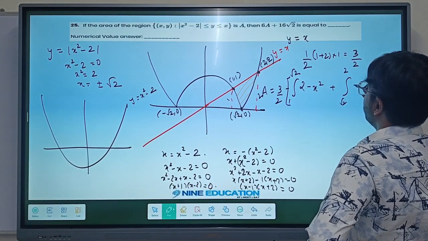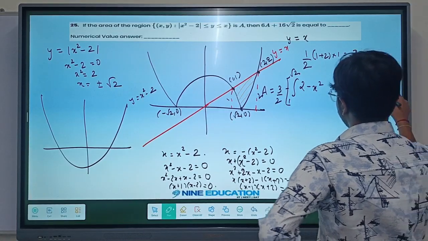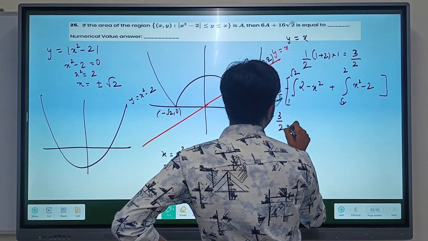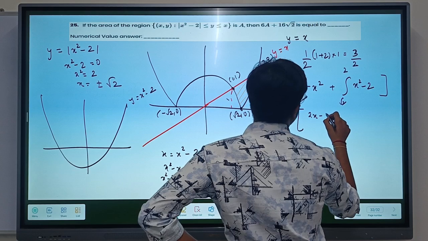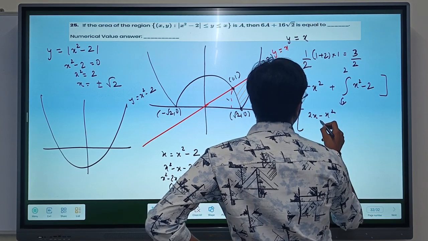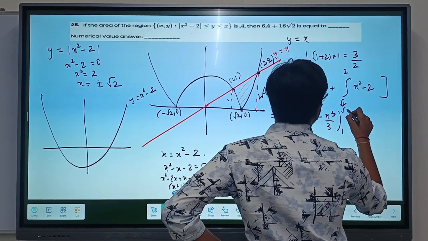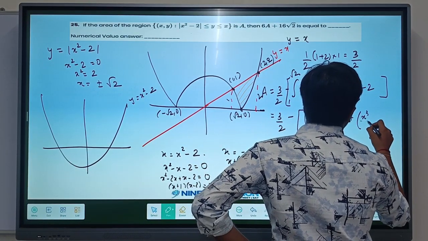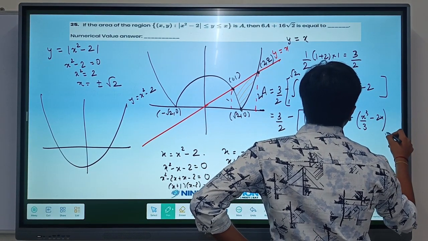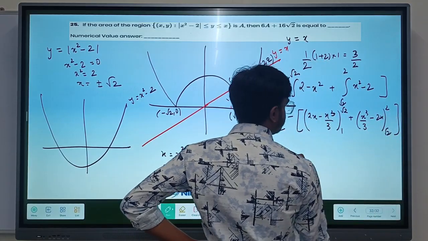What is the positive part? x square minus 2. 3 by 2 minus of 2x minus x cube by 3, from 1 to root 2, plus x cube by 3 minus 2x from root 2 to 2.